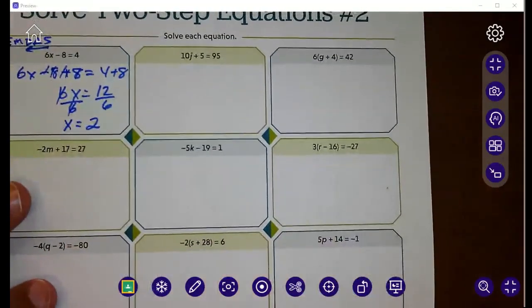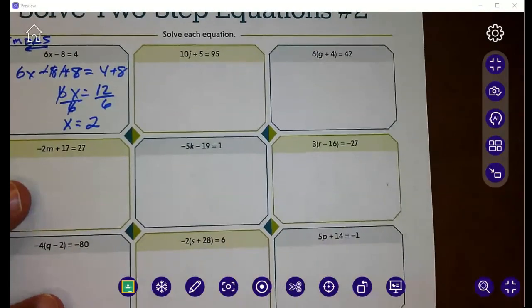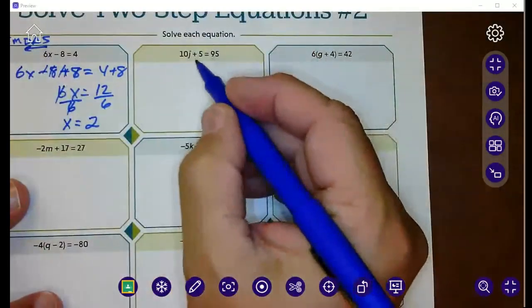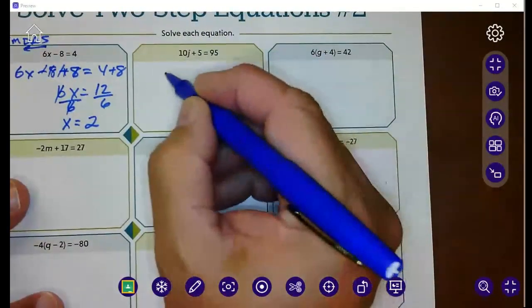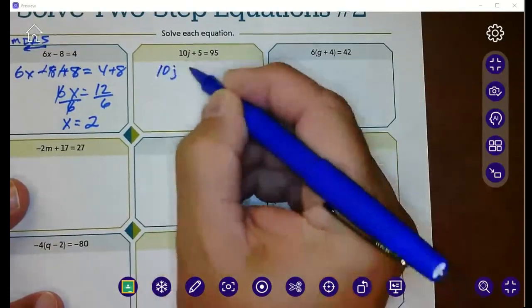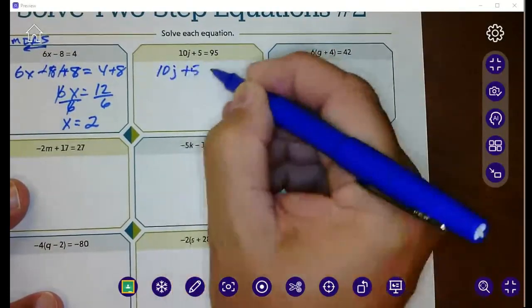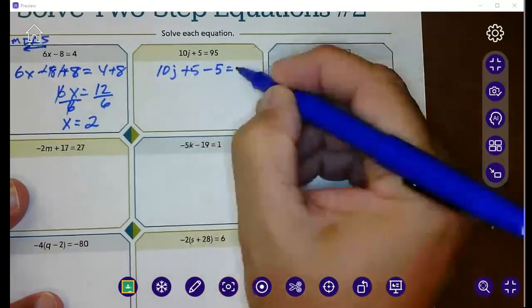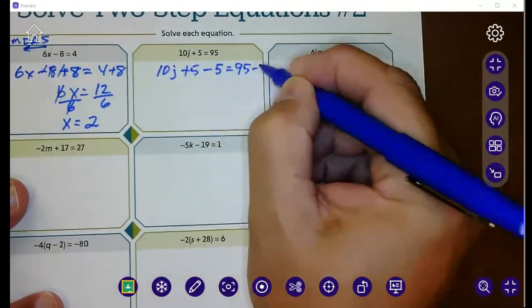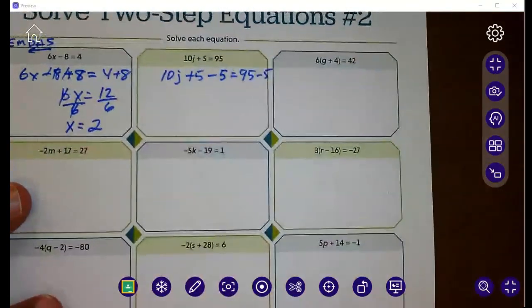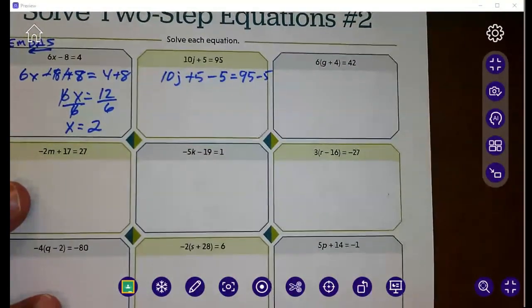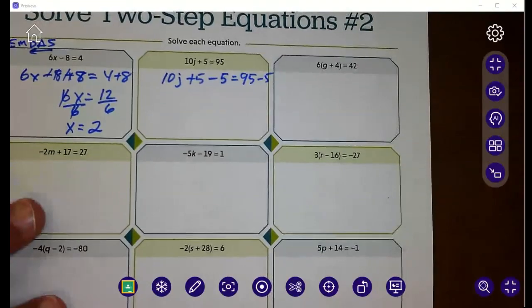Okay, so good. Most of y'all are getting this right. We're subtracting 5 from both sides. So I'm going to have 10j plus 5 minus 5 equals 95 minus 5. I'm subtracting 5 from both sides of the equal sign.